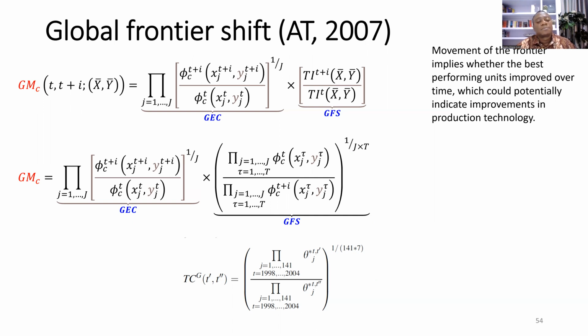But then the global frontier shift is concerned with all DMUs in all time periods. So if we are to find their geometric mean, then we need to consider the dimension of all the DMUs and all the time periods, more like a matrix. We use the J of a matrix.